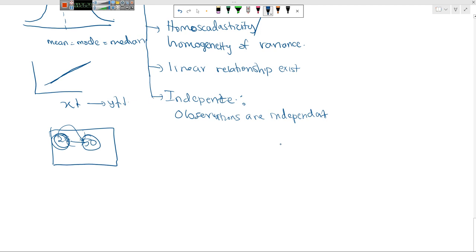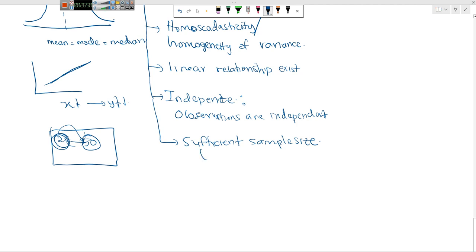Then the next assumption that we made is sufficient sample size, right? Usually we take a sample size of more than 30, so that is considered a sufficient sample size.